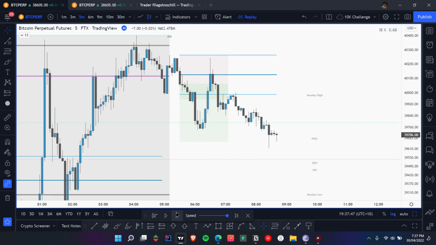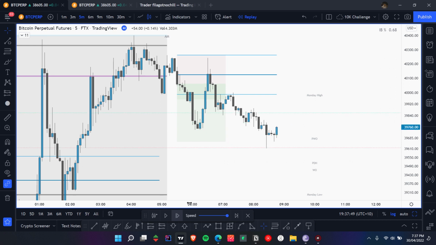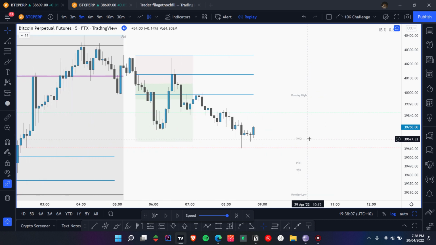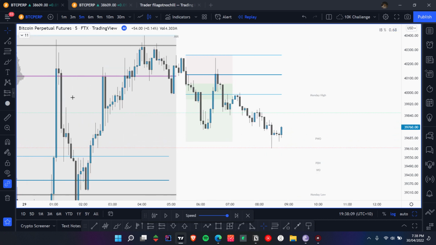Okay. Now right here we just tested the previous weekly open and we created a wick and the price created a swing low. I know for sure this is for me to get stopped. So what I did during my trade, I took another trade right around this region.